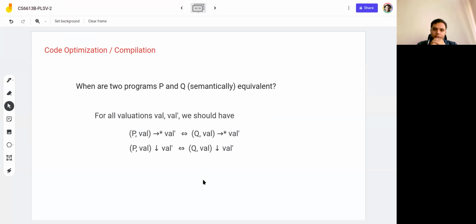Okay. So let me give you another brain teaser. Does this definition work also for non-deterministic programs? So what does this say for non-deterministic programs?